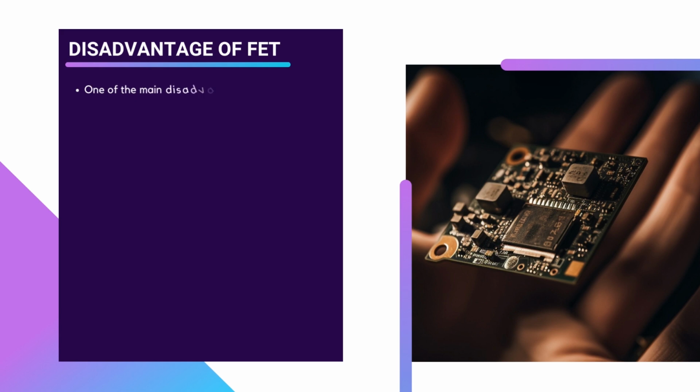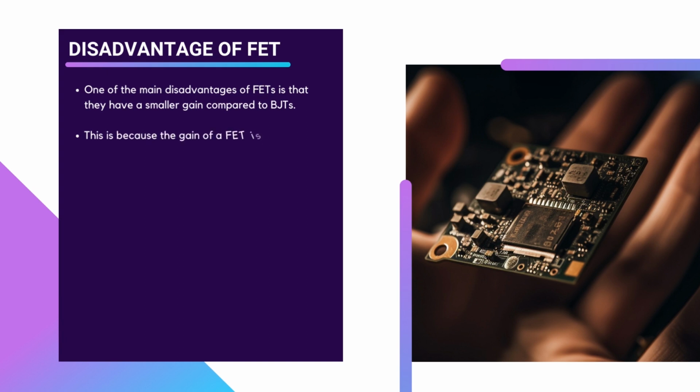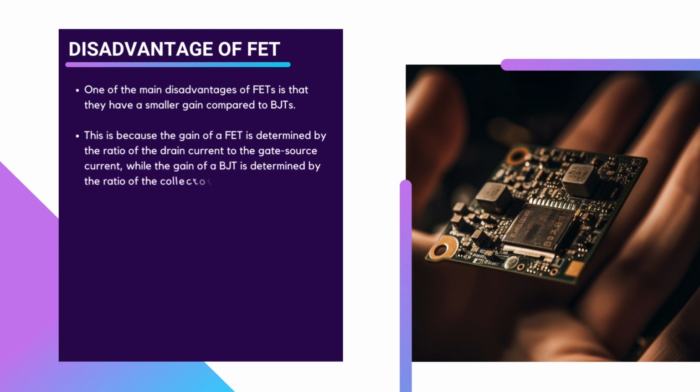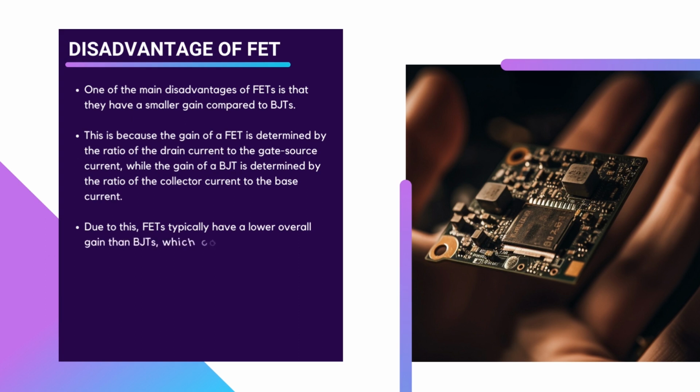One of the main disadvantages of a field effect transistor is that it has a smaller gain in comparison to a BJT. This is because the gain of the field effect transistor is determined by the ratio of drain current to gate source current, while the gain of a BJT is determined by the ratio of collector current to base current.